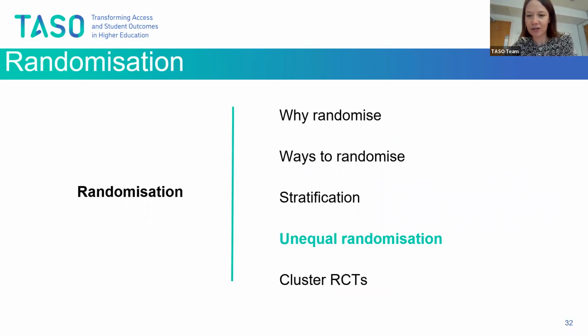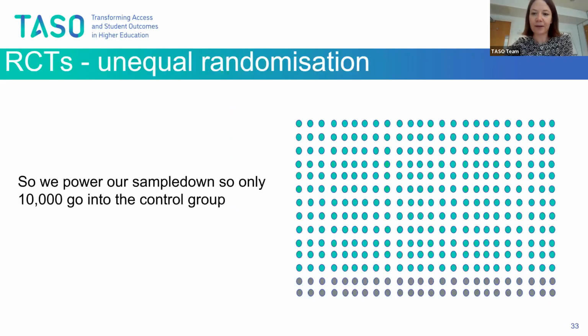Again, we have a solution to this challenge, and this is what we call unequal randomization. One of the things that we can do is change what we call the allocation ratio when randomizing. So rather than everyone having a 50-50 chance of being in a treatment or a control group, in this example we're using a 9-to-1 allocation ratio.